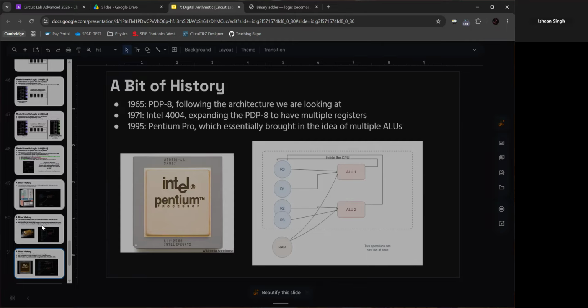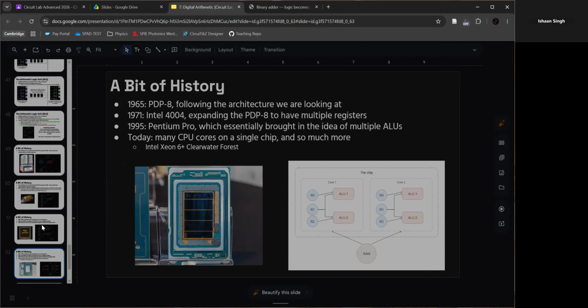There's more, of course, to the picture, but this is essentially what it did. It gave us the ability to do multiple operations in parallel instead of only having one bottleneck single operation. And then finally, the state-of-the-art CPUs like Intel's Xeon 6 Plus Clearwater Forest. They have tons of extra modifications, like many CPU cores per chip and all these caches and other optimizations.